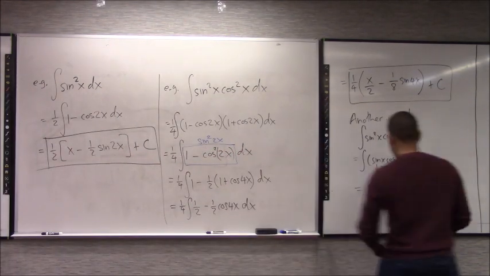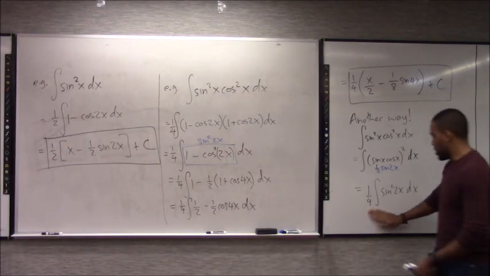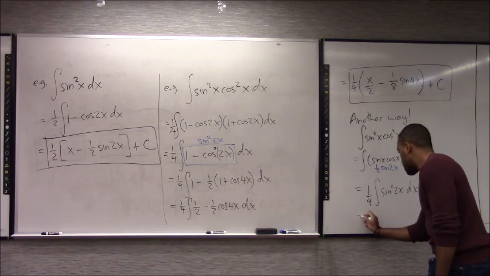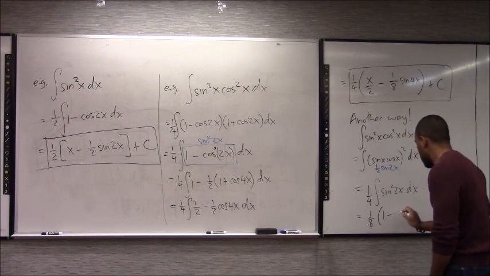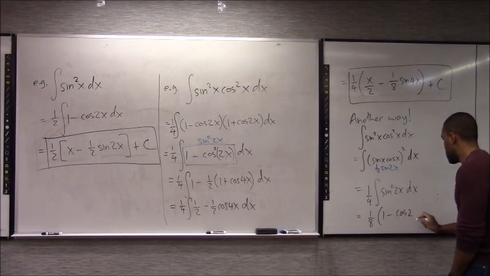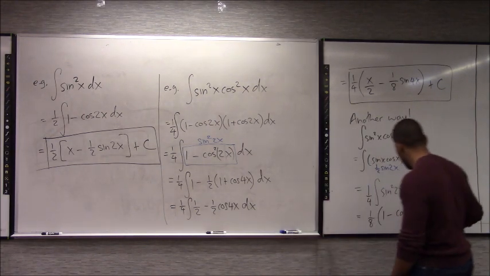And at this point, with the sine squared, we're going to apply that formula. So it's 1/2, which gives me 1/8, times 1 minus cosine 4x.